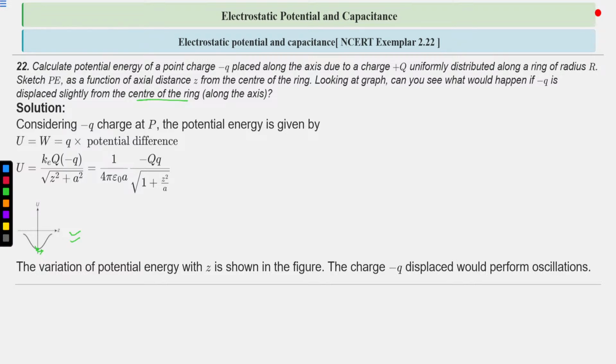It will become less negative. So it will again try to come to the minimum potential condition. So it will go there, and after going in this direction, it will go in that direction. So it will oscillate across this minimum potential energy value, to attain the minimum potential energy condition.